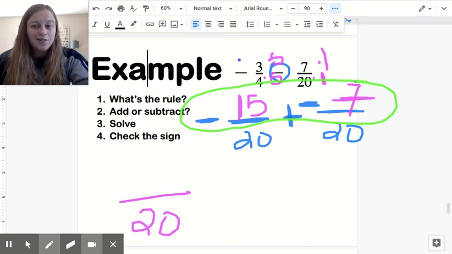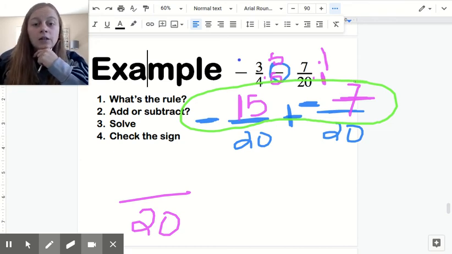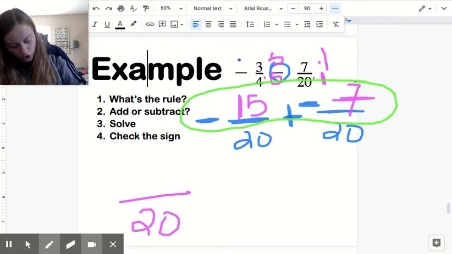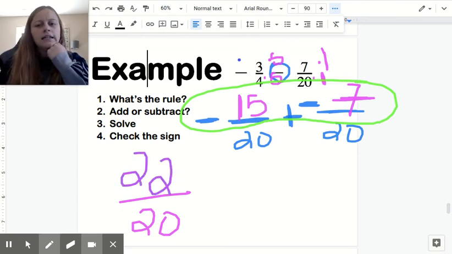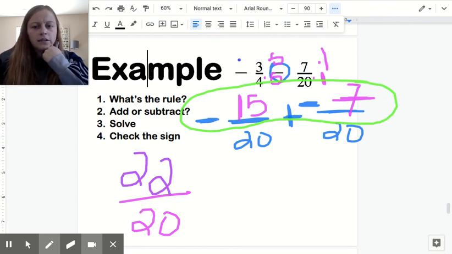Now I'm just looking at whole numbers, really. I can treat my numerator like whole numbers. Negative 15 plus negative 7. Same signs, add and keep. So I'm going to add those digits because they're the same signs, giving me 22. And I need to decide, is this a negative or a positive?